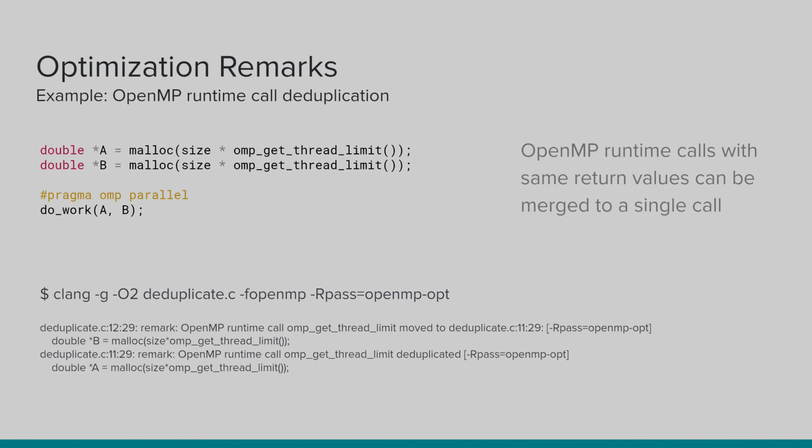So if you run this and you say rpass equals openmp-opt, which is the remarks interface from Clang, it will tell you that it moved one of those calls into a different position, and then it deduplicated the calls. So instead of calling the function twice, it just calls it once and reuses the result, because OpenMP opt is aware that the result of that function will not change in this scope.